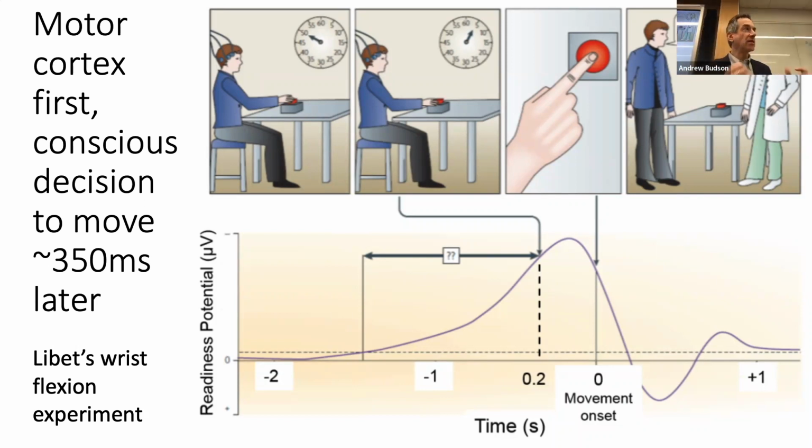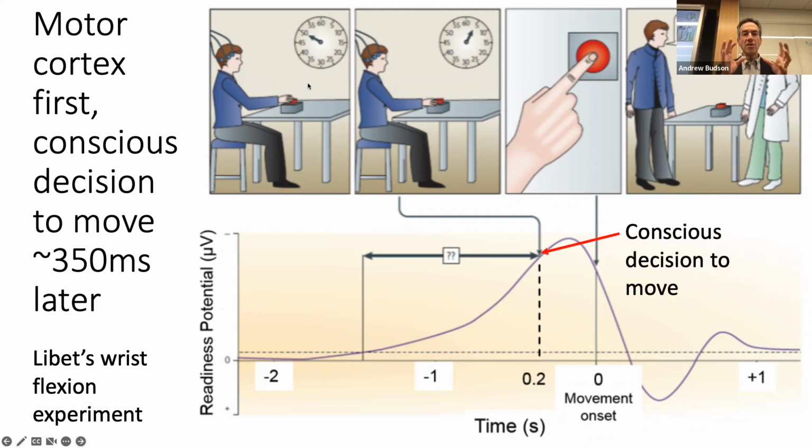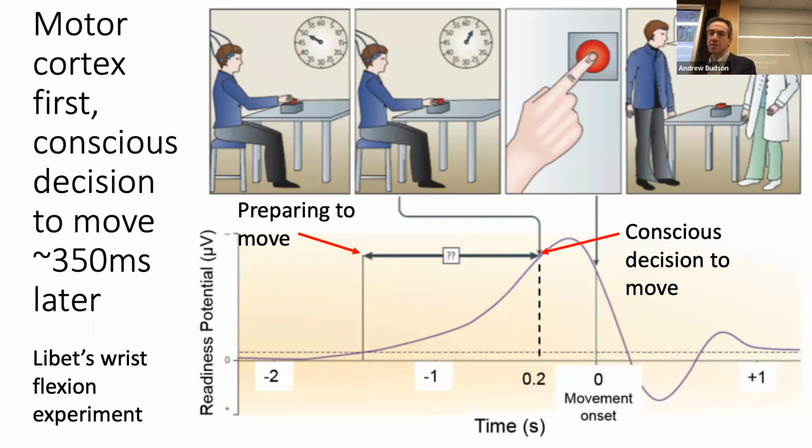And whenever they decided, they were supposed to note the time that they made that decision on a special clock. And so they may say, this is the conscious decision to move. But what Libet found is that the motor potentials in the frontal lobes were already preparing to make that move before the conscious decision was made.